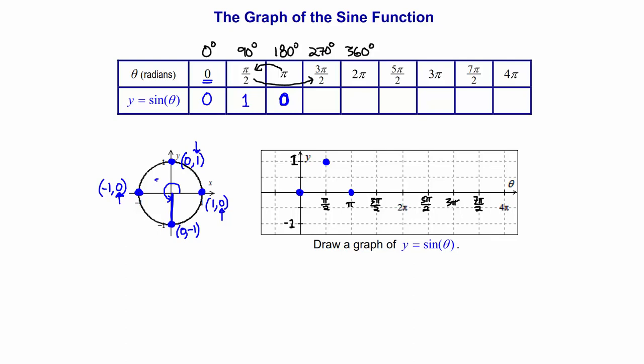This angle, 3 pi over 2, specifies the point 0, -1, whose y coordinate is -1. So the sine of 3 pi over 2 must be -1. So on our graph, above 3 pi over 2, we can plot the point -1.